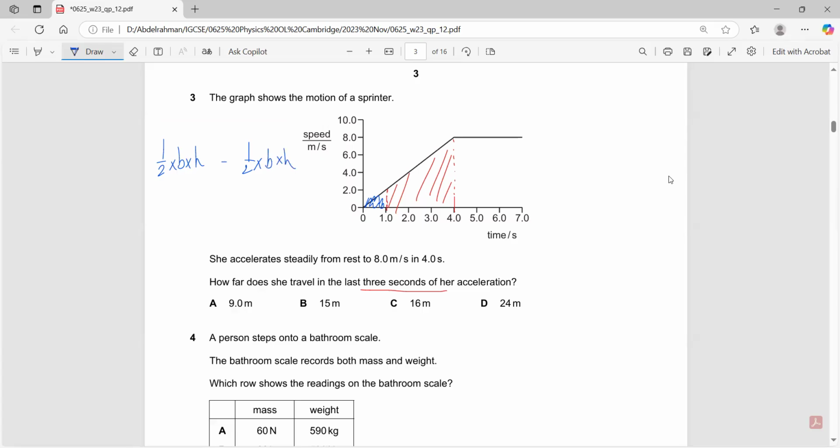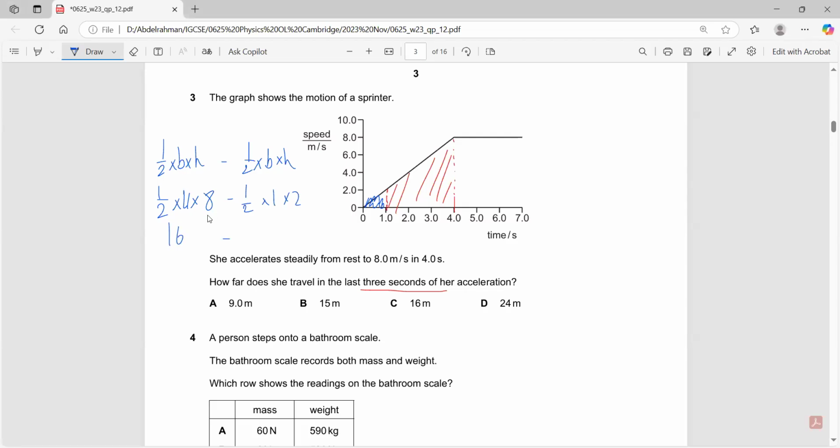The larger one is half times 4 times 8, right? And the smaller one is half times 1 times 2, right? Half times 4 times 8 is 2 times 8, which is 16.